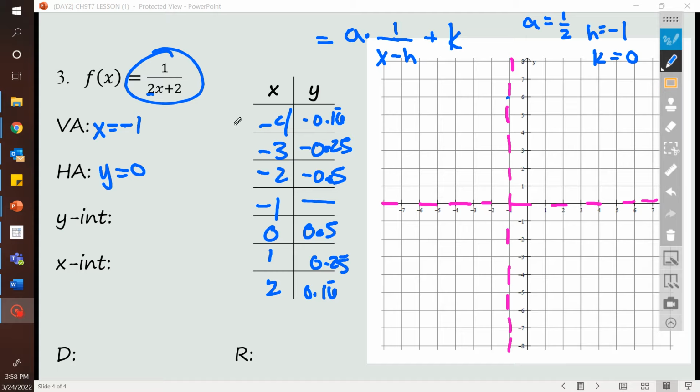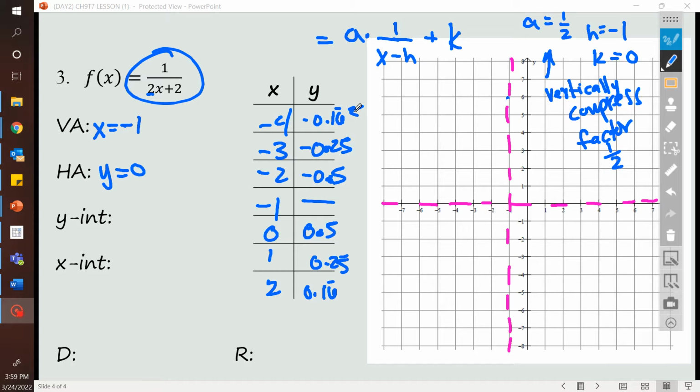Now you'll notice that all of these points are very, very close to the asymptote here. And that's because this a value is causing it to vertically compress by a factor of 1/2. So every point is half as close to the asymptote as it would be in the parent function.